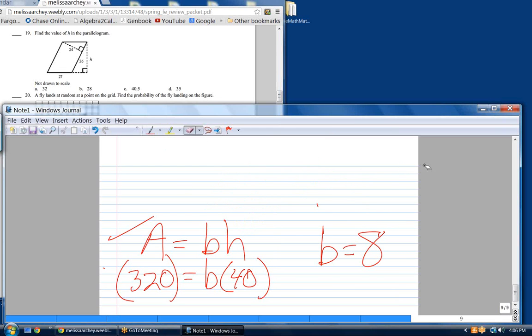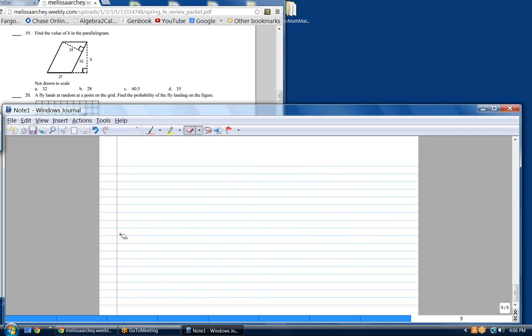What's the area of that parallelogram? Base times that height, 36 times 24. Okay, what's that number? 864.